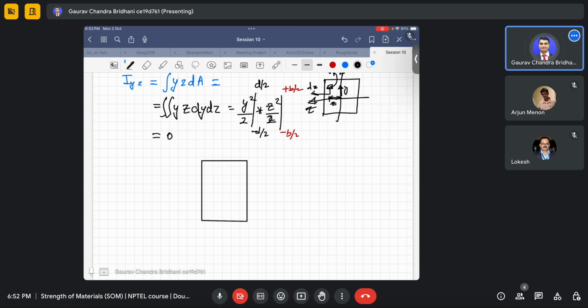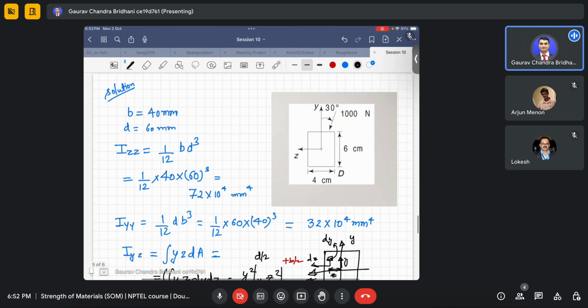Okay, so this is y, this is z, and from the vertical it makes 30 degrees. So this angle is 30.